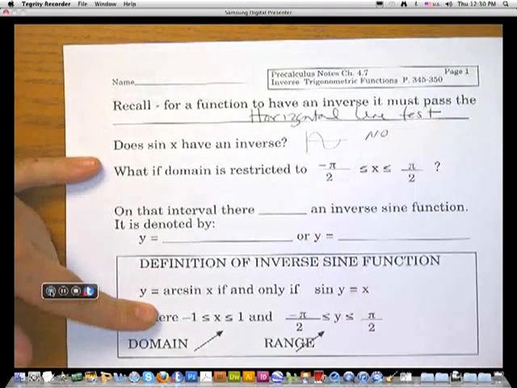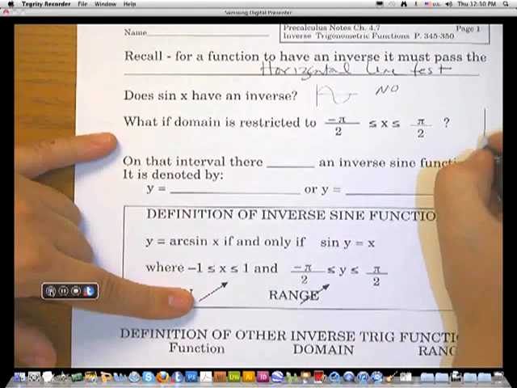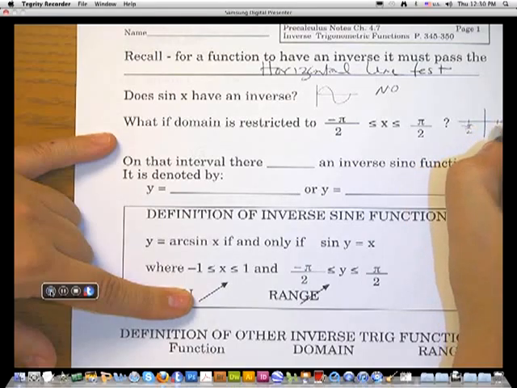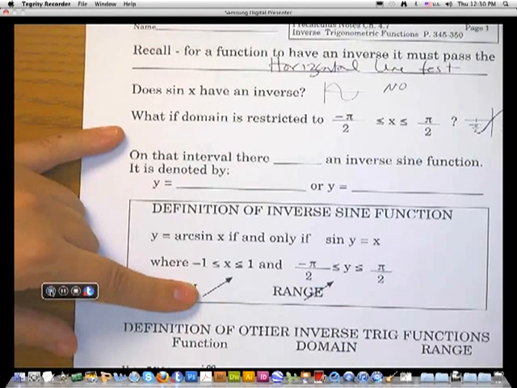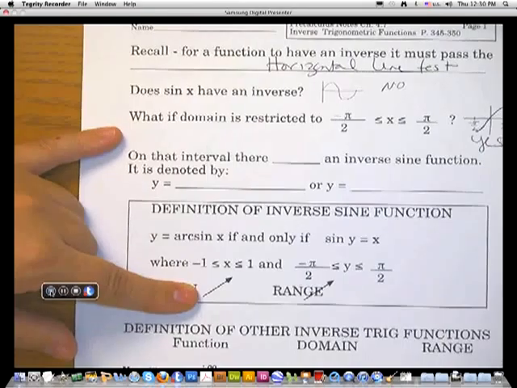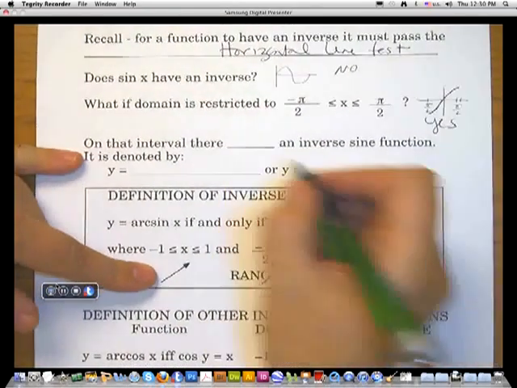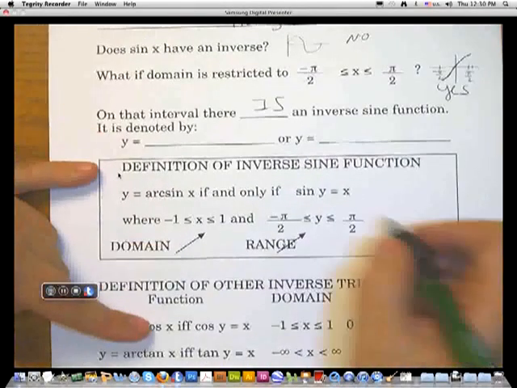The answer is no. However, if we restrict the domain from negative pi over 2 to positive pi over 2, so that our graph looks something like this, it now does. So on the interval negative pi over 2 to pi over 2, there is an inverse sine function.